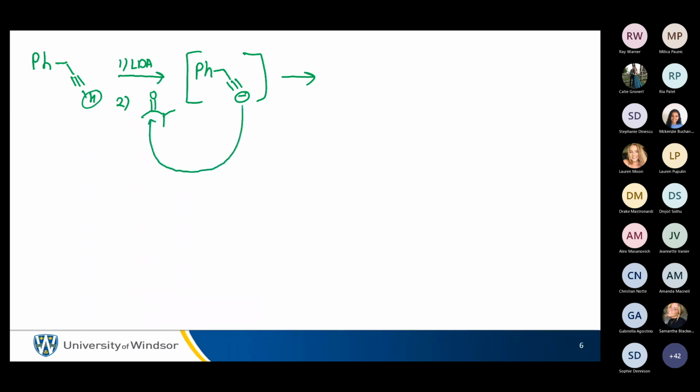So this is really like an ideal carbon nucleophile. So we get that product. Then we treat that with water. And we just protonate. Clean up our charge.